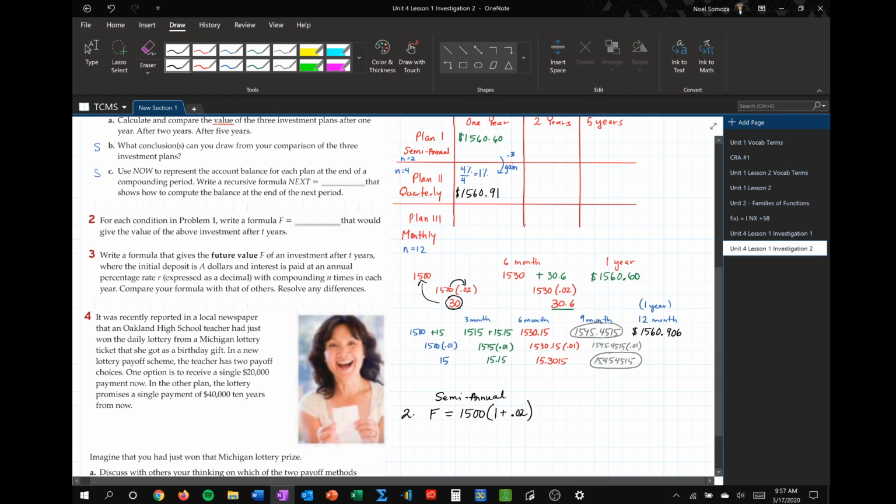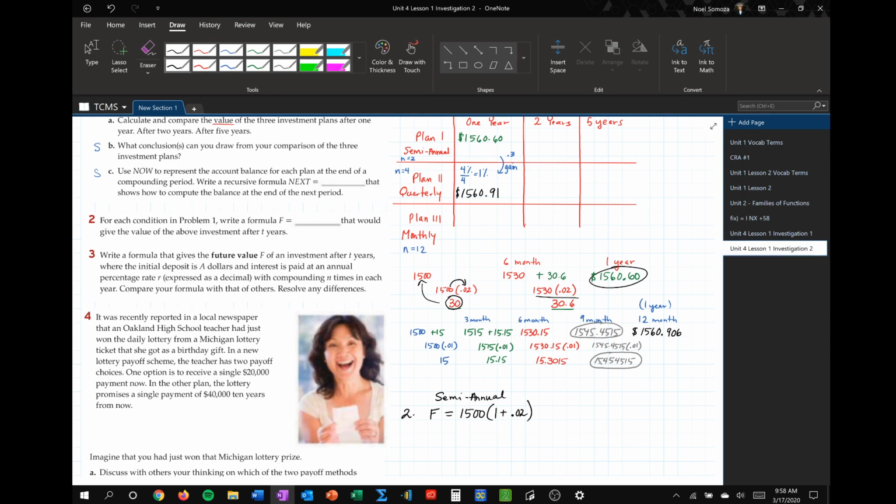We did it once after 6 months, and then from 6 months to a year, we had to do it again. And in the meantime, the initial changed. So how would that look if I really wanted one formula that takes me from 1,500, multiply it by something, and get your final value, without me having to do multiple steps?